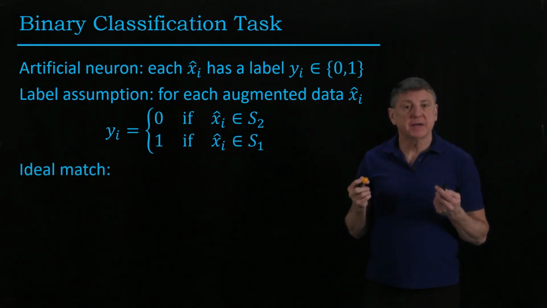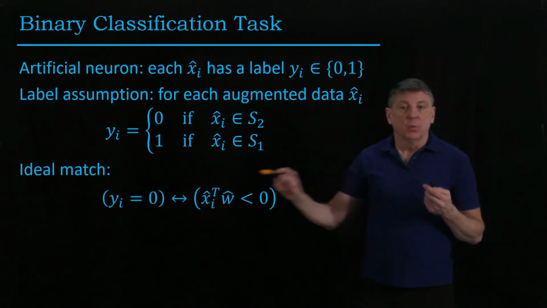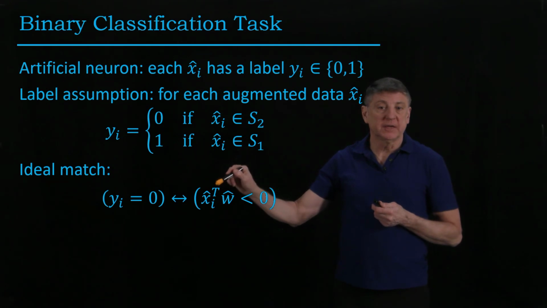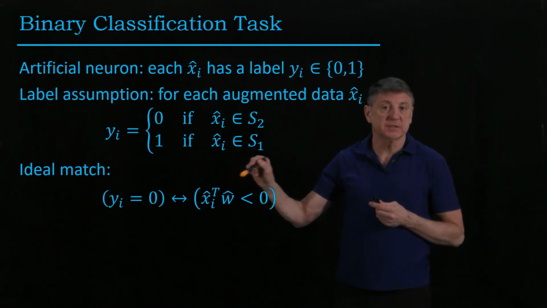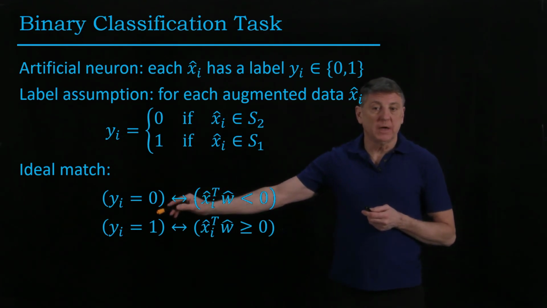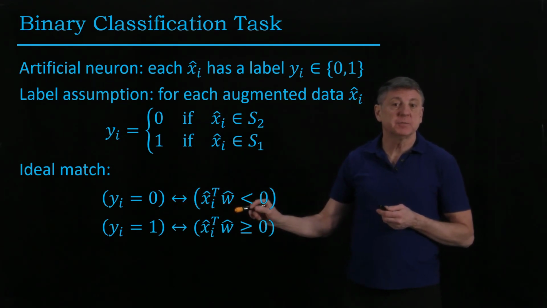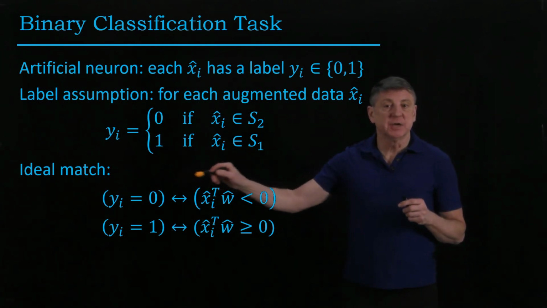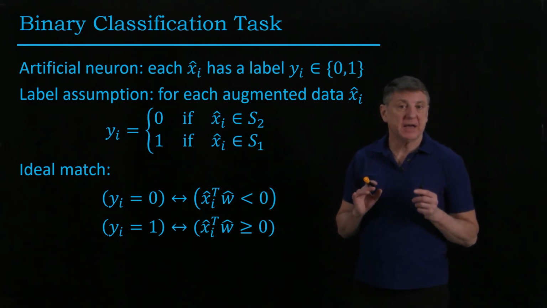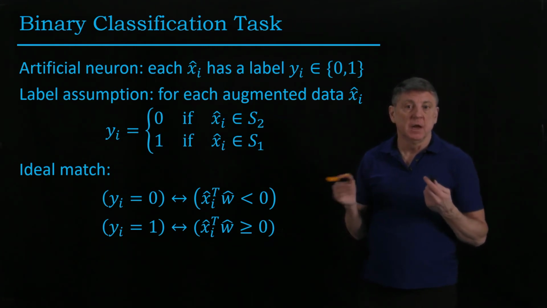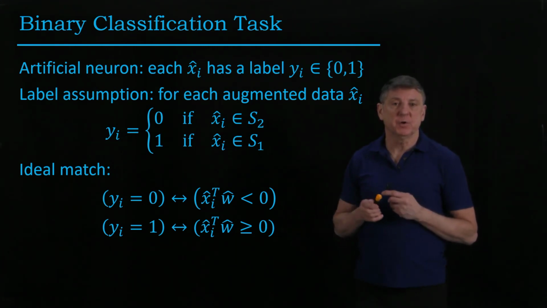So the ideal match that we want is when the label is 0, we want our linear weighted sum, or our pseudo-distance, to be negative, and when that label is 1, we want our pseudo-distance to be 0 or greater than 0. So if we get these matches, then we have complete accuracy. That, of course, doesn't usually happen with real empirical data, but this is certainly the ideal that we want to aim for.